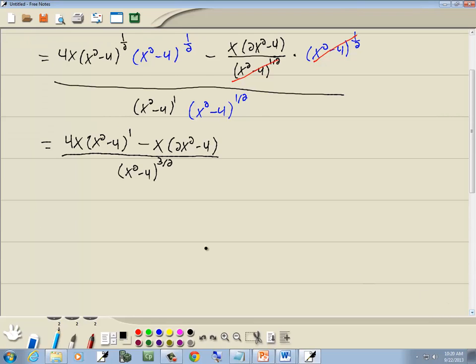Now up on top, let's see, this factors here. Probably wouldn't help me a whole lot though, but this other one I can bring a 2 out. So this gives us 4x times (x squared minus 4) minus, and factor out the GCF, so bring 2 out, 2x, and that leaves us x squared minus 2, all over this.